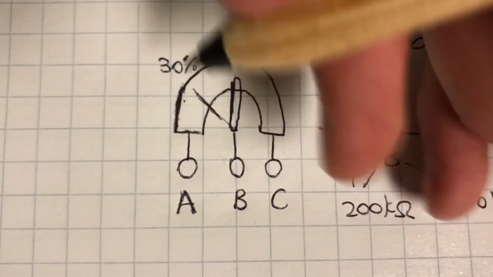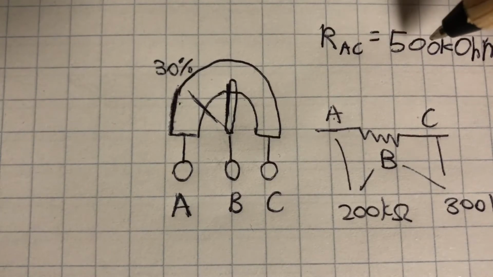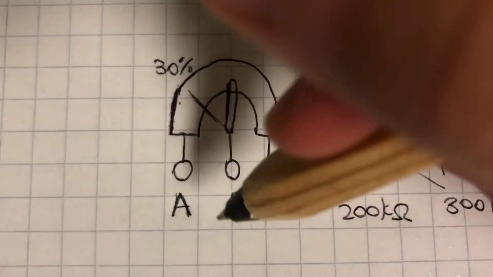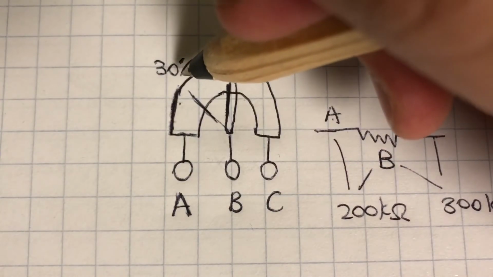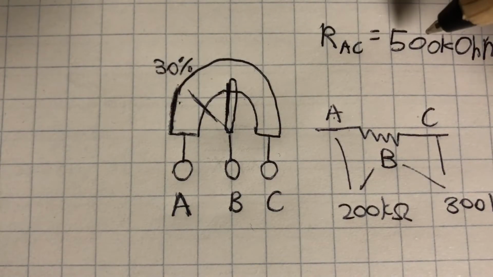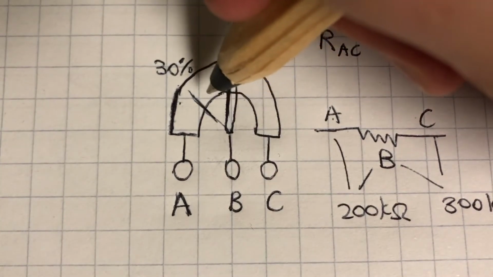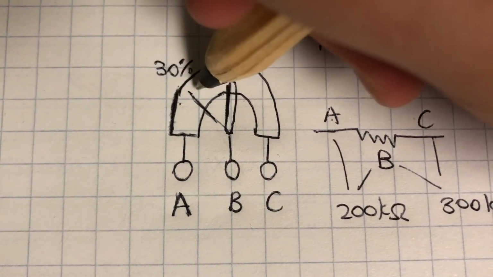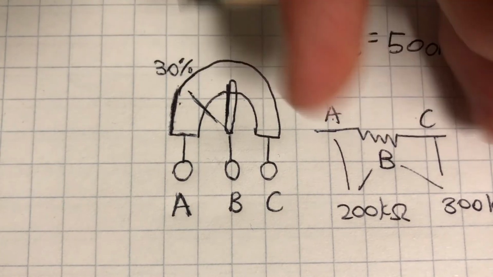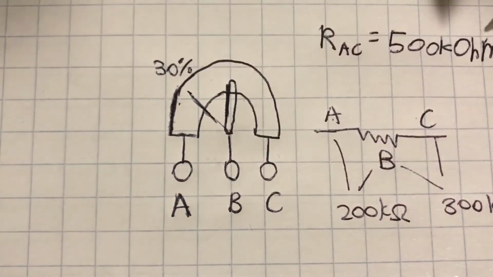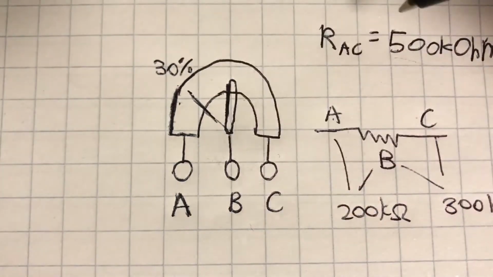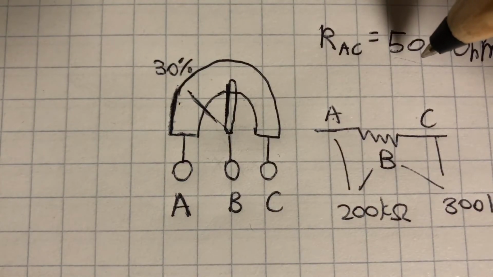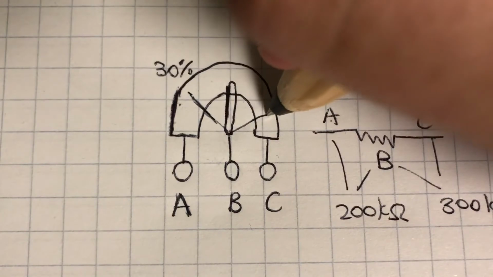That means, if A to C is 500, the resistance from A to B is going to be 30% of 500, and whatever that is. Similarly, if this is 30%, the remainder is 70%. So B to C is going to be 70% of 500 kilo ohms, and those two should add up to 500. And same thing if you do it over here.